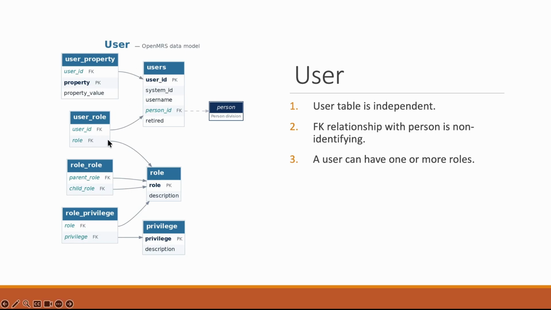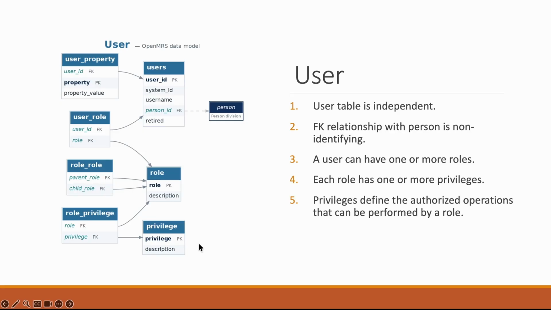Now every role has privileges. So you have a user role, and for every role you have privileges. There's a whole list of operations that are permitted for a particular role, right? So what this user can do, what this user is authorized to do in the system is defined by what privileges he has, and more specifically what privileges his role has. Now, privileges are like such. You may have a privilege called view patient.